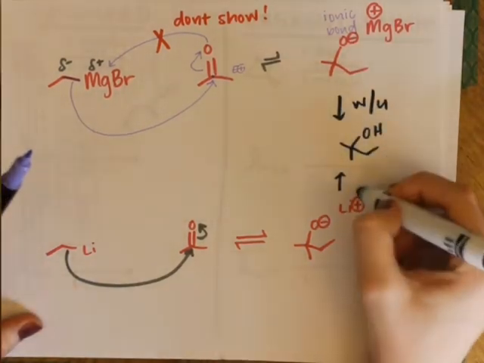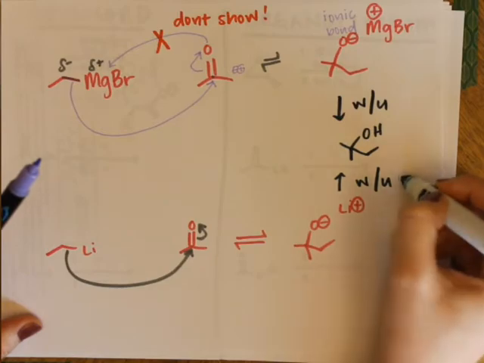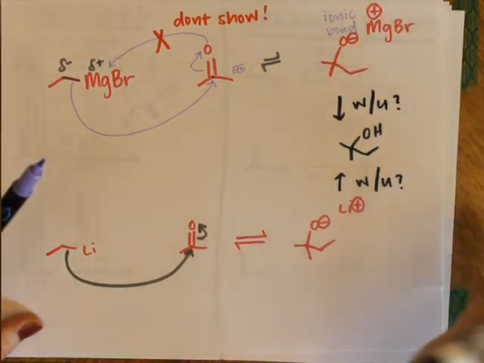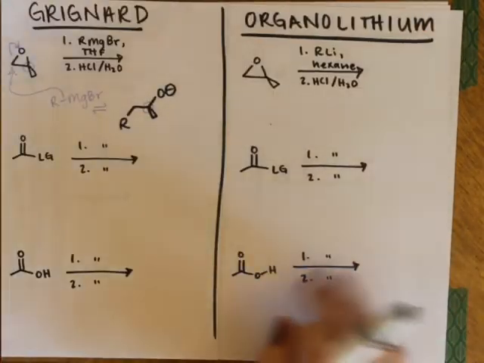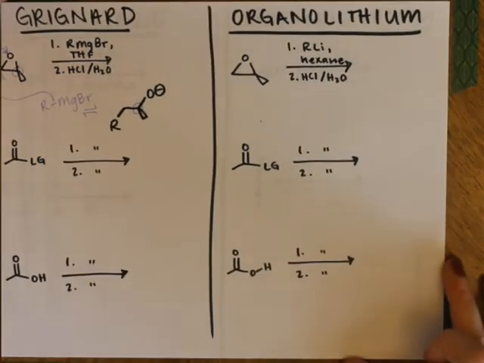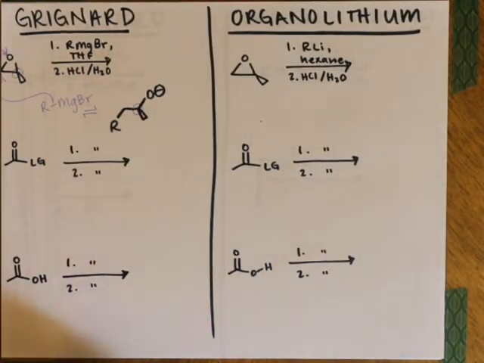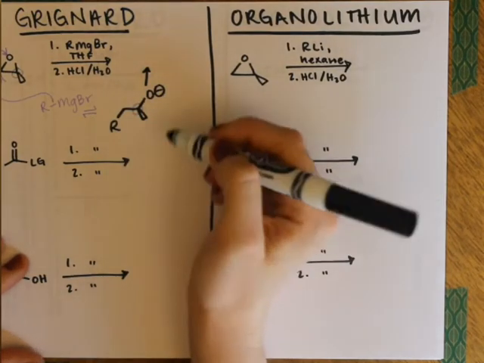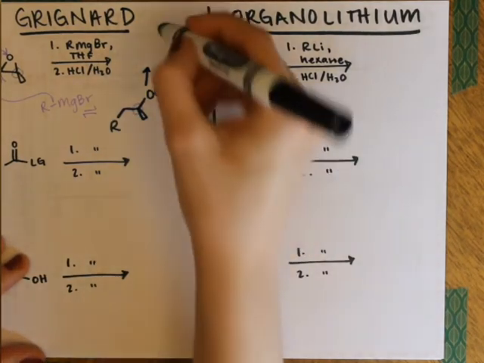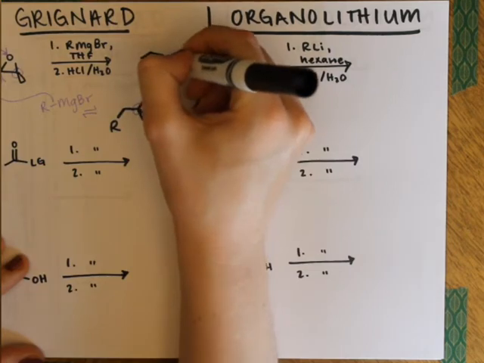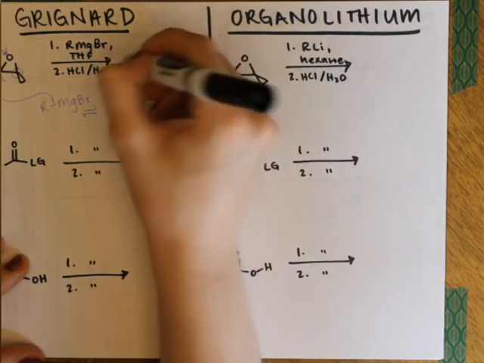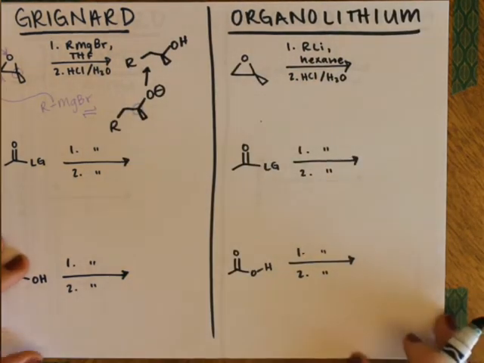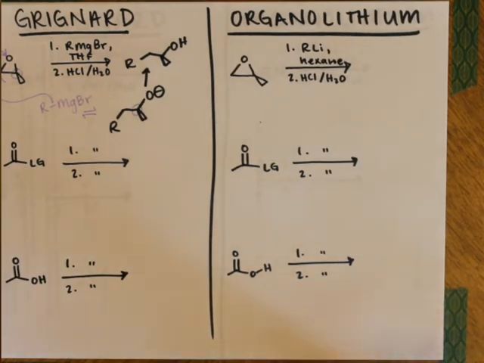We need a workup step. What exactly is that workup step? The workup step is adding HCl and water, or maybe H2SO4 and water, or something like that. That's just going to do an acid-base proton transfer here, so we end up with a final product that's an alcohol, which is generally what we're looking for.